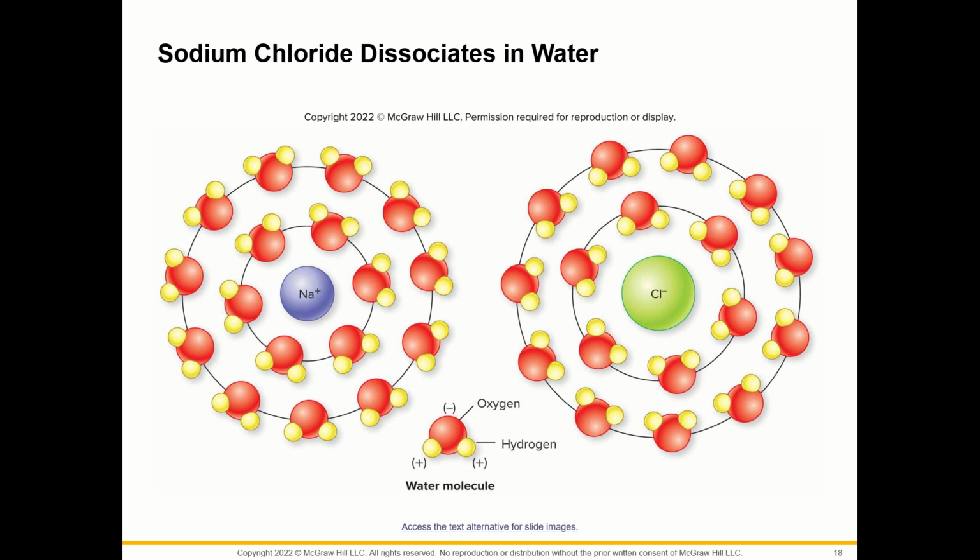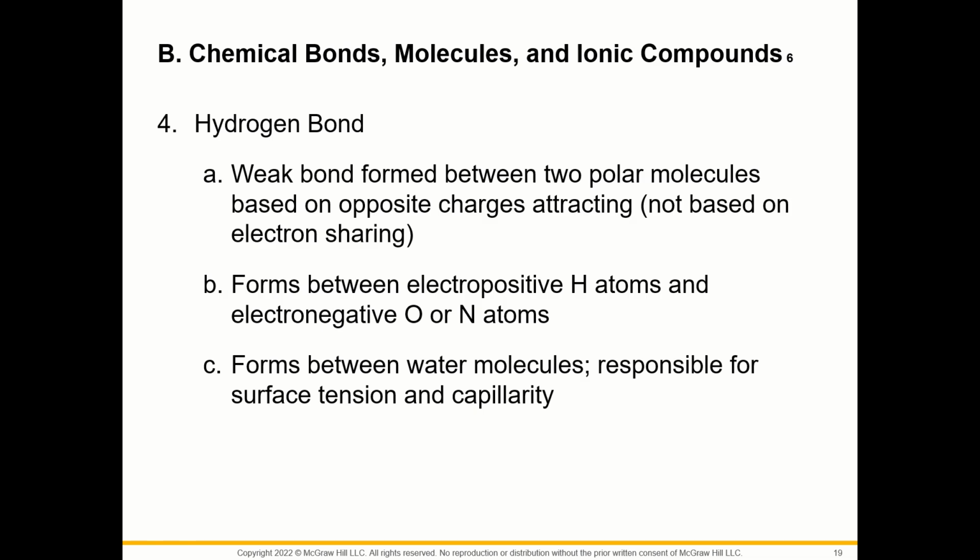Other water molecules are attracted to this first concentric layer of water, forming hydration spheres around the sodium and chloride ions. The polarity of water allows water molecules to bond to each other through those hydrogen bonds mentioned earlier. So let's look at the hydrogen bond in more detail.